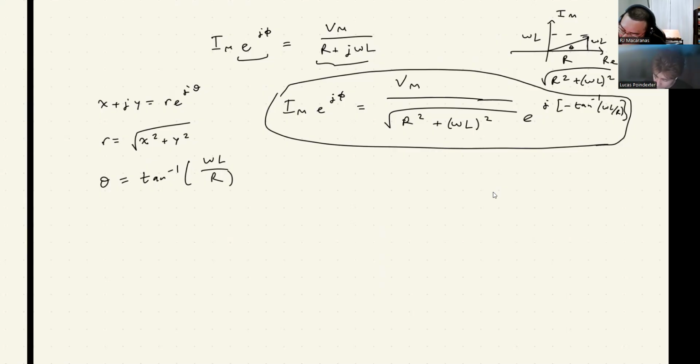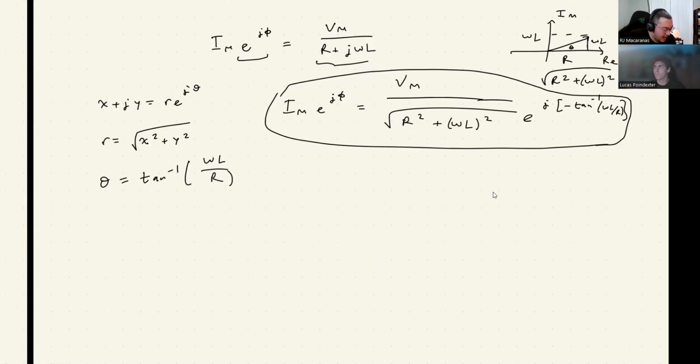So again, we're just converting this into rectangular coordinates, or is that polar? I get mixed up. Oh, so it's to exponential form. So it is in rectangular coordinates here, as I drew it out, and then they're converting it into exponential or polar form.